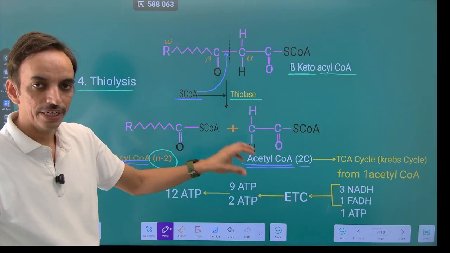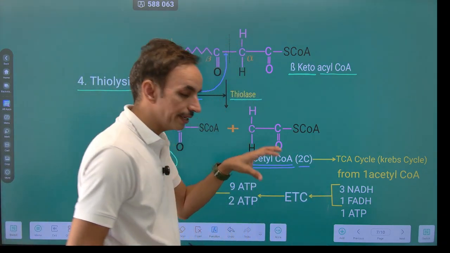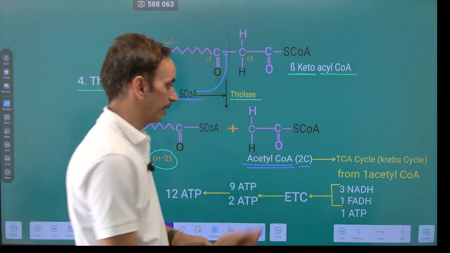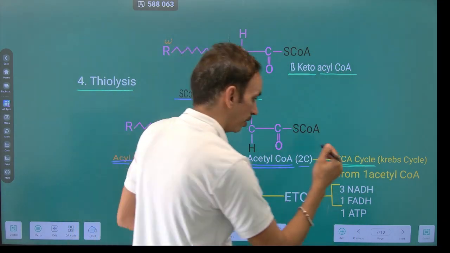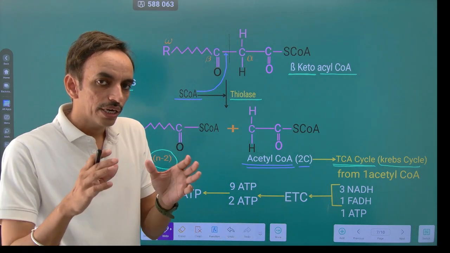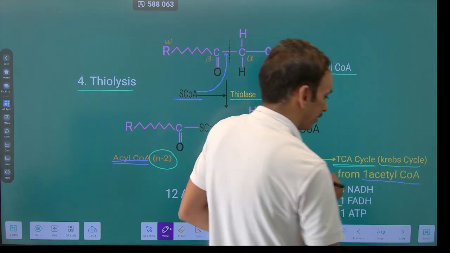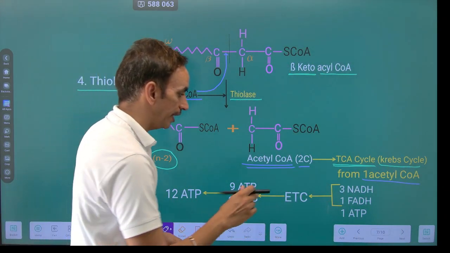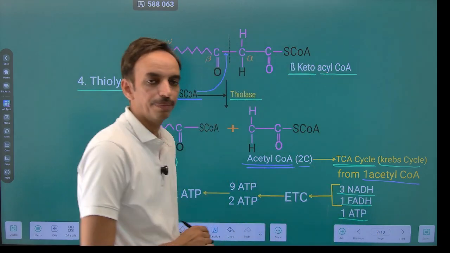Now this 2-carbon acetyl coenzyme A that has formed will enter, or participate in, the TCA cycle within the mitochondrial matrix, also known as the Krebs cycle. Through the Krebs cycle, from 1 acetyl coenzyme A we get 3 NADH, 1 FADH2 and 1 ATP.